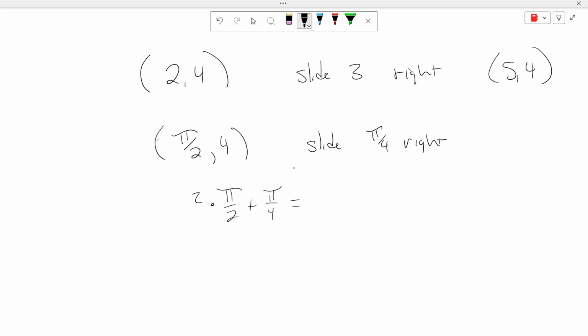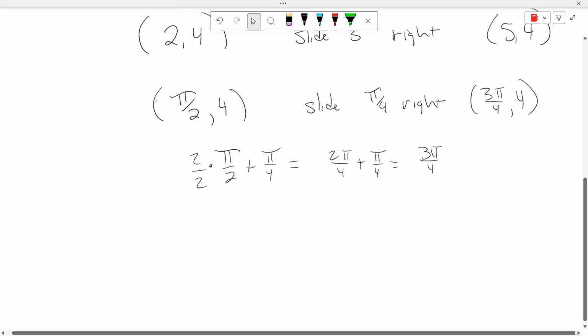So we'll multiply this one by 2 over 2. So we have 2 pi over 4 plus 1 pi over 4, which equals 3 pi over 4. So if we slide pi over 4 to the right, it's 3 pi over 4, 4. We don't change the y value if we're sliding to the right or left. We just change the x value.